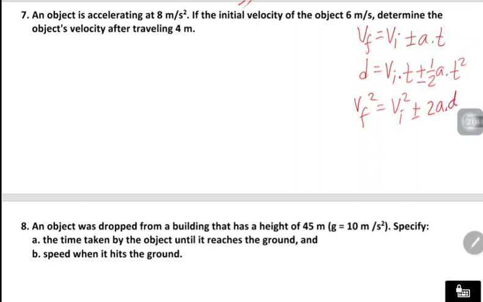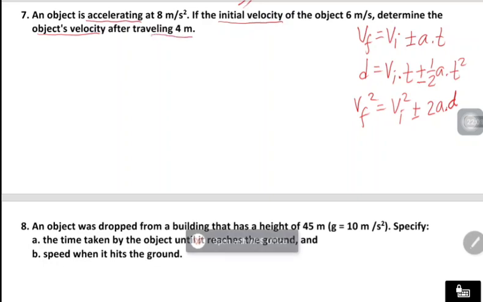Okay, using the known values from the problem: acceleration, initial velocity Vi, and the question is the final velocity. The known displacement is 4 meters.